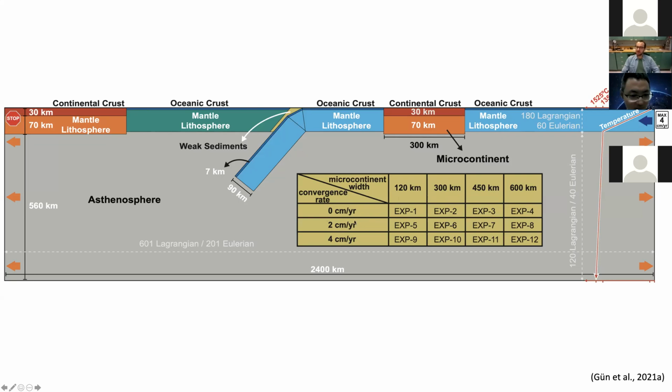If it is 0 centimeters per year, it means that the velocity from the right side is 0, but the only plate driving force in the system is the slab weight. So when the slab starts to sink, it pulls the upper plate continuation towards the subduction zone, creating almost 2 centimeters per year velocity. On top of that, in the later experiments, we also apply from the right side of the model box an imposed convergence velocity of up to 4 centimeters per year.